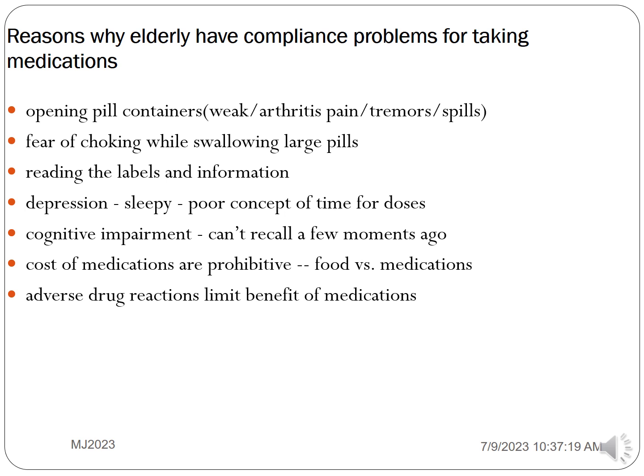Okay, because of the presence of adverse drug reactions that limit the benefits of medications, or they may not take the medication at all because of the adverse drug reaction.